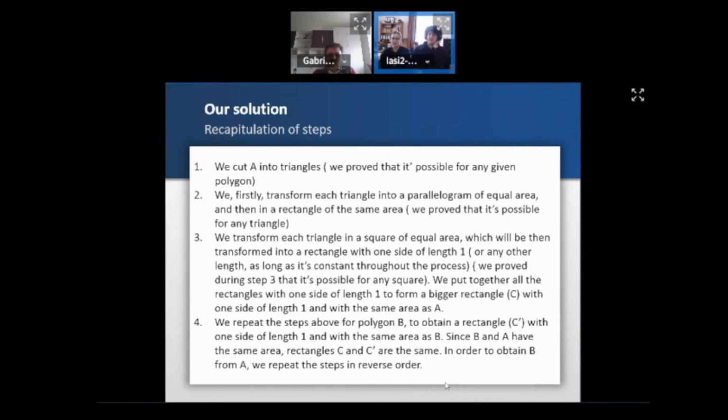Then we put all those rectangles together to form a rectangle with area equal to A and with a side of length 1. We repeat steps 1, 2, and 3 for polygon B, and then we do them in reverse order on polygon C. And thus we have transformed polygon A into polygon B.